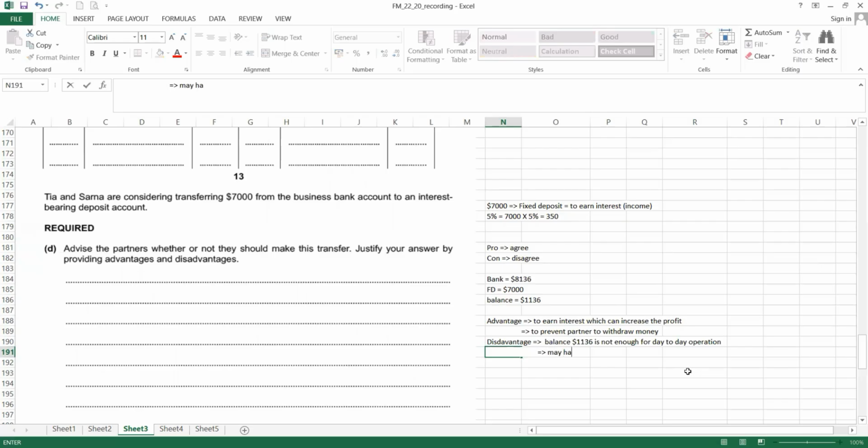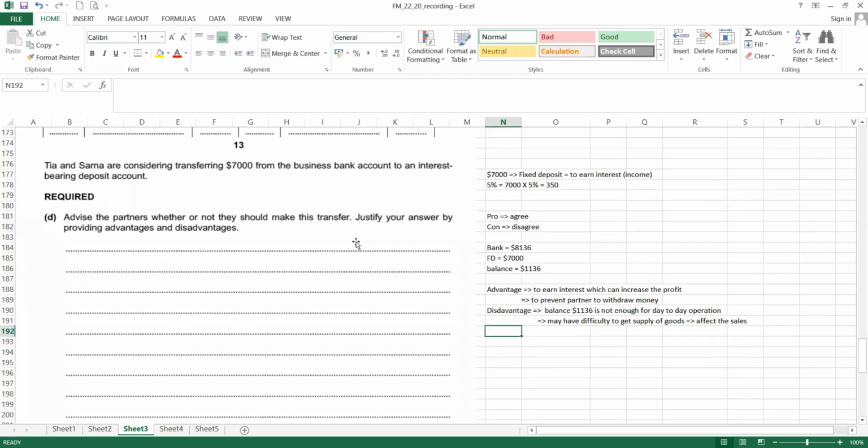May have difficulty to get supply of goods. Okay, then it will affect the sales. So this also can be the disadvantage.